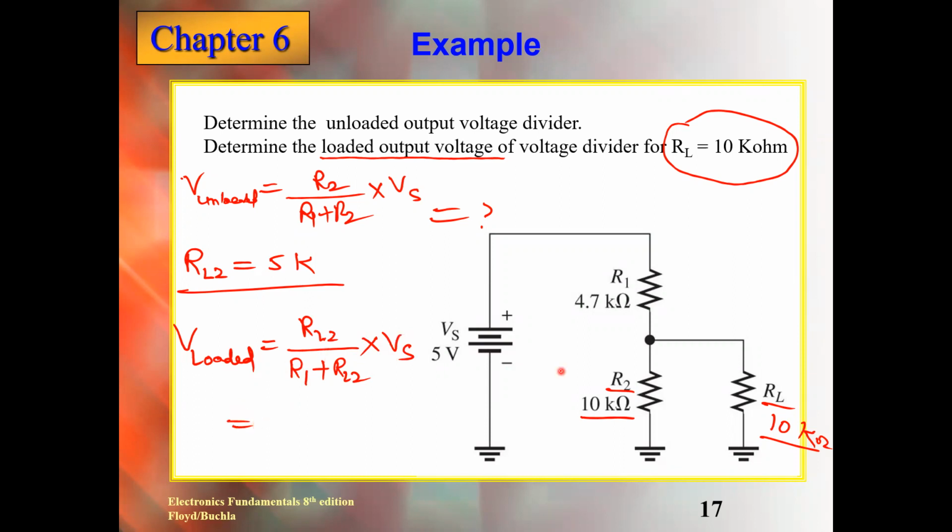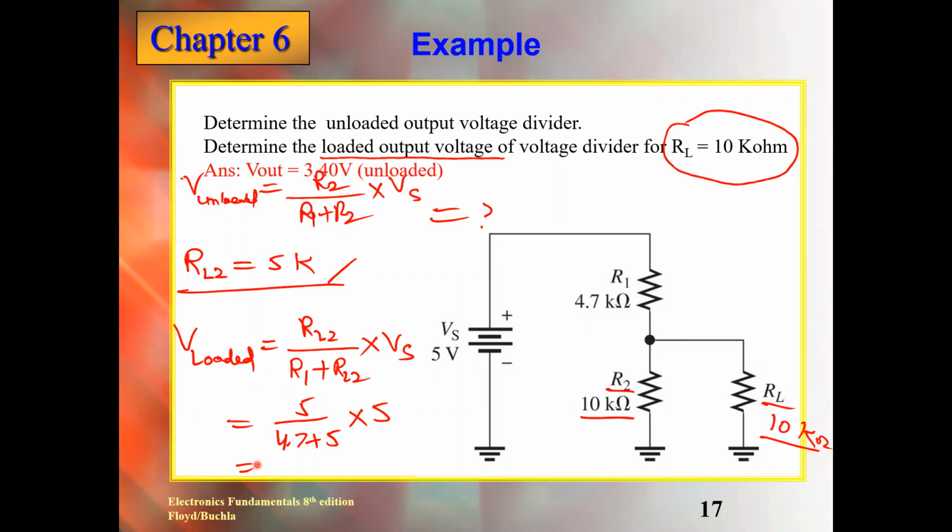RL2 we already calculated is 5, over 4.7 plus 5, multiplied by 5. This way we can calculate it. Clear?